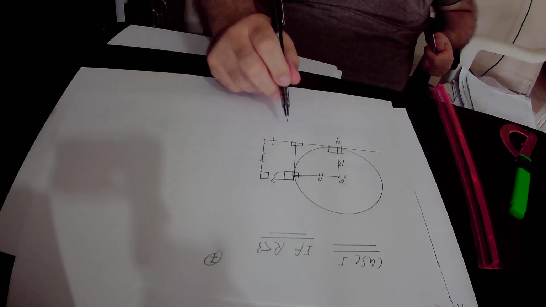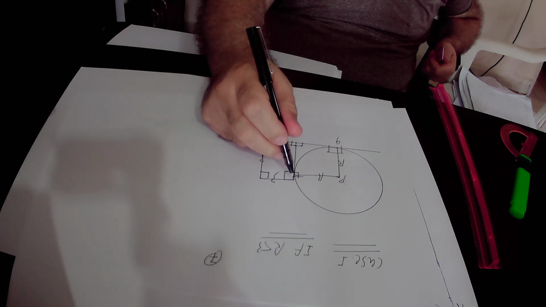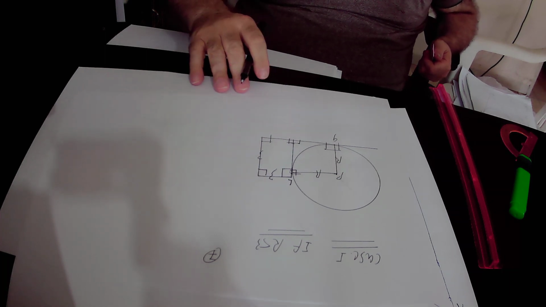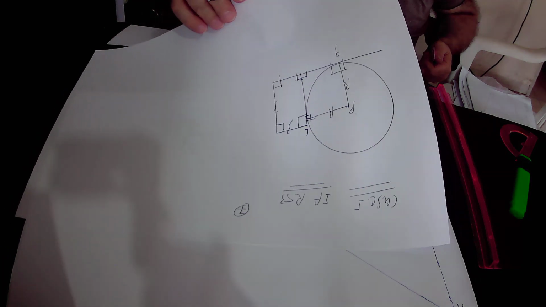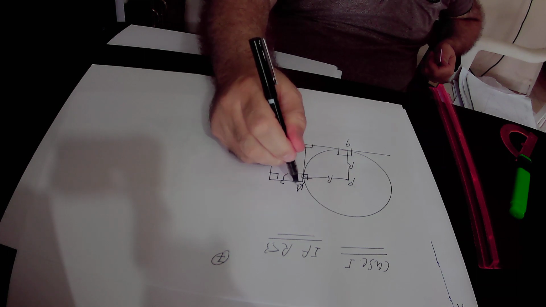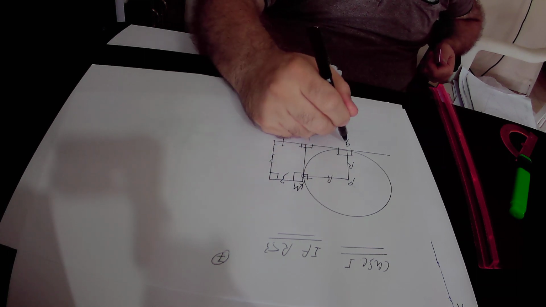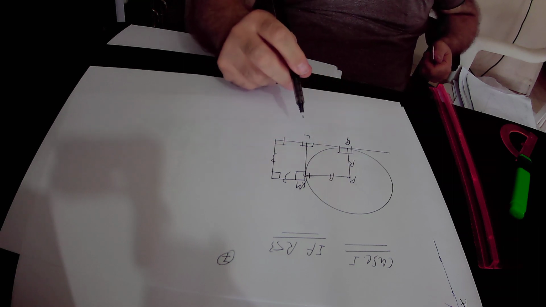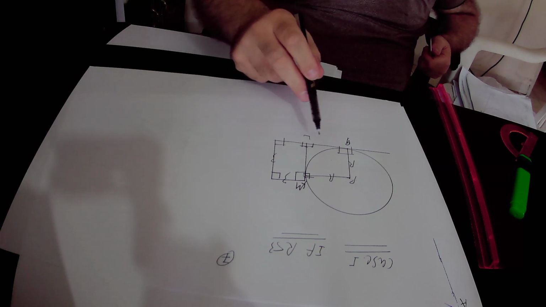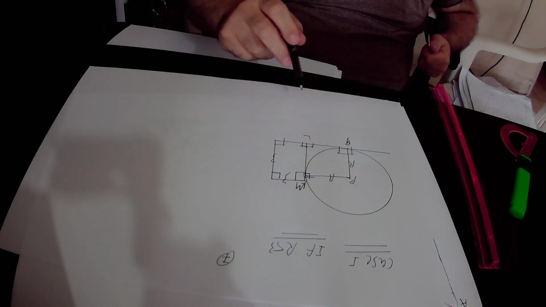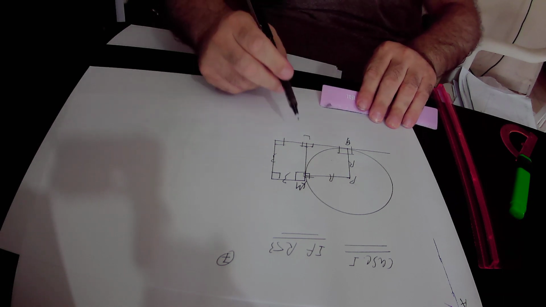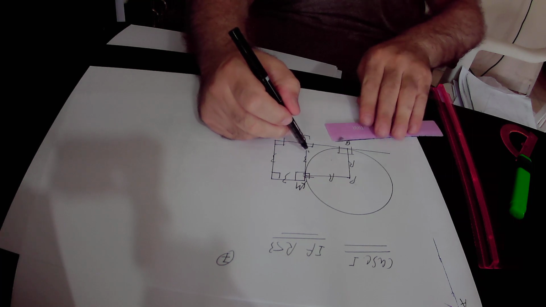So inside quadrilateral PMQL, inside this quadrilateral we have 1, 2, 3 right angles. Therefore the fourth angle must also be equal to 90 degrees.